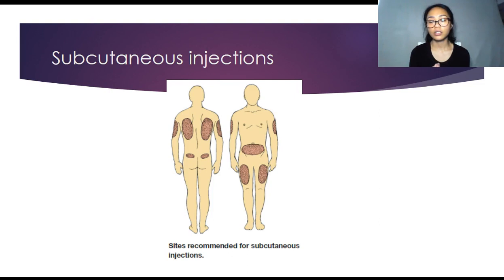But then you'll start to see that patients get small bruising marks, and we want to avoid those sites. The way we do that is we give at least 2.5 centimeters away from the previous injection site. That's the intra-site rotation, or rotation of sites within an anatomical region, and that way it'll ensure consistent absorption times.